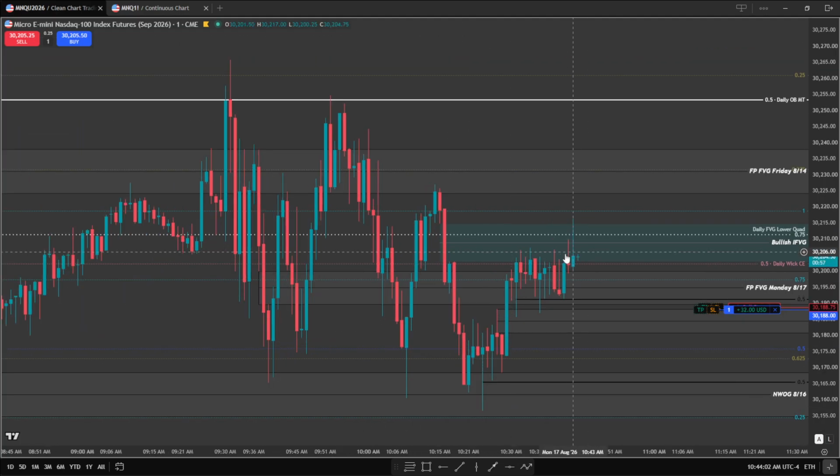Yeah, that's really challenging right now. That wick coming in and it closing below the midpoint doesn't build confidence. But I feel really comfortable being at break even at this point.